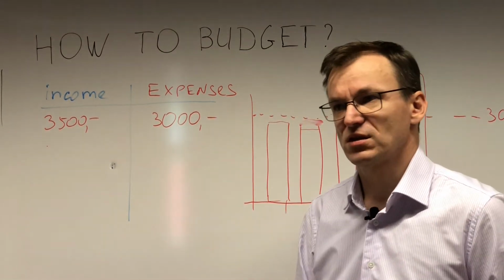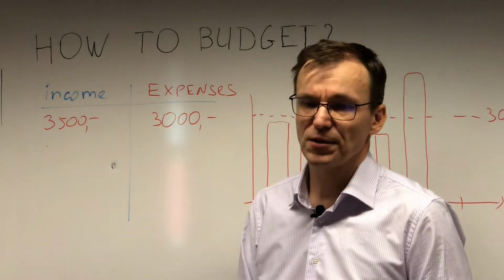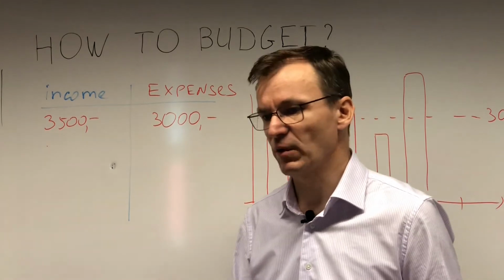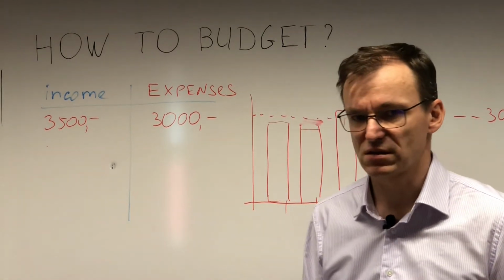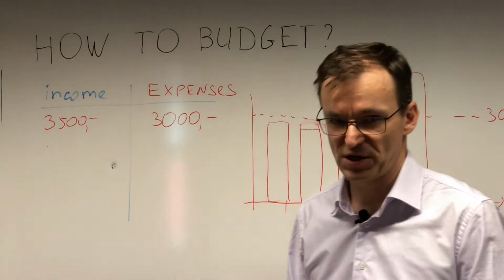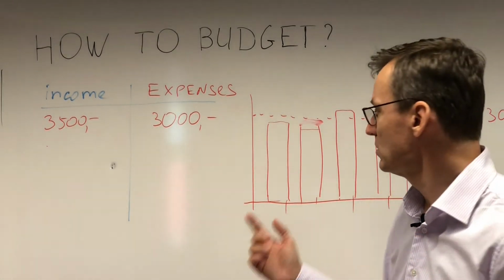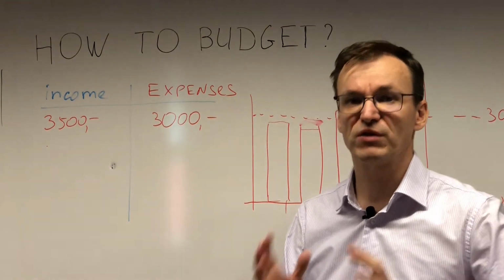If you spend cash, then it becomes more tricky, but then you have to guesstimate somehow. You still have to have records somewhere. Maybe you have receipts. Maybe you somehow collect information.